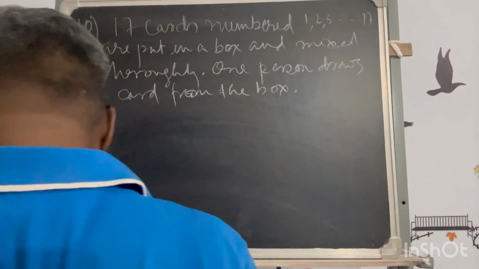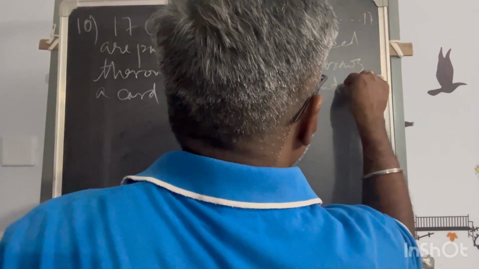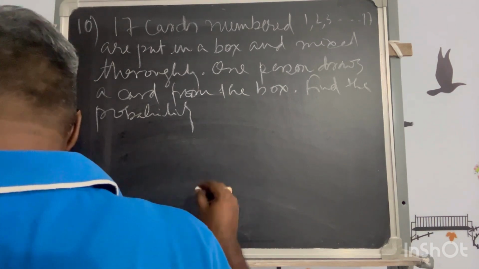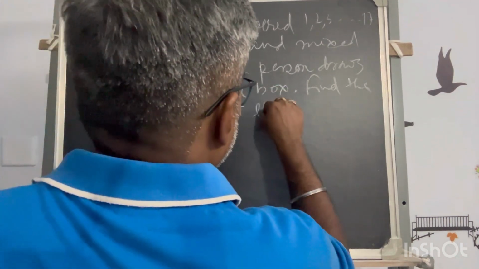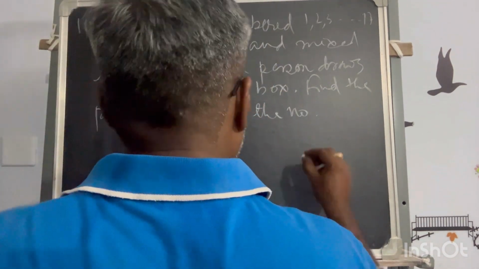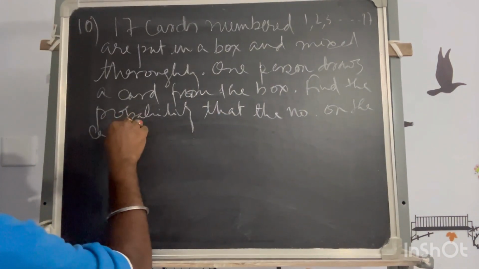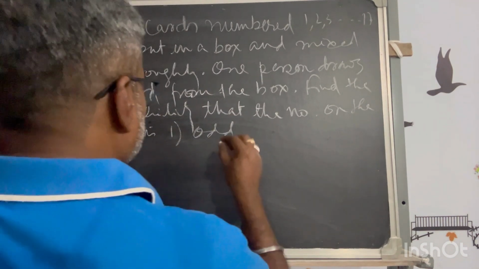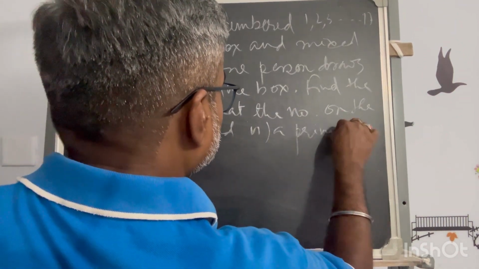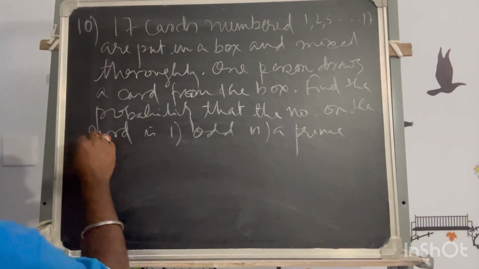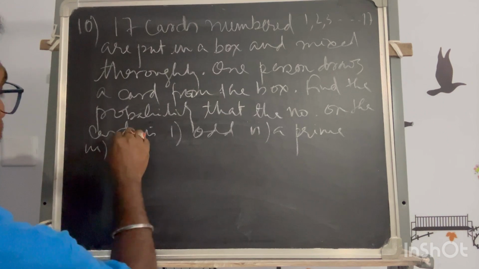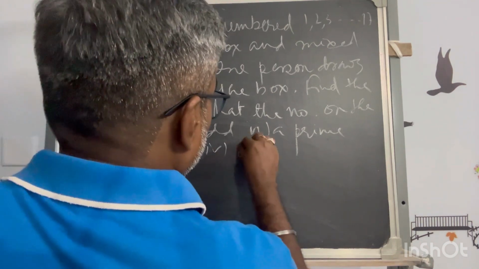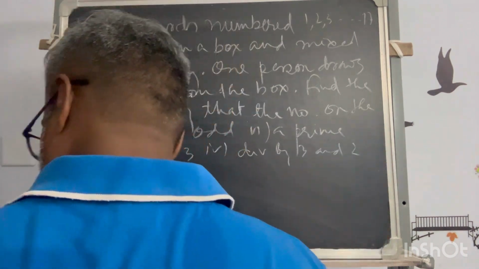Find the probability that the number on the card is: 1, odd; 2, a prime; 3, divisible by 3; 4, divisible by 3 and 2 both.